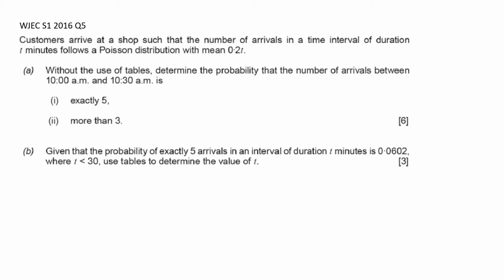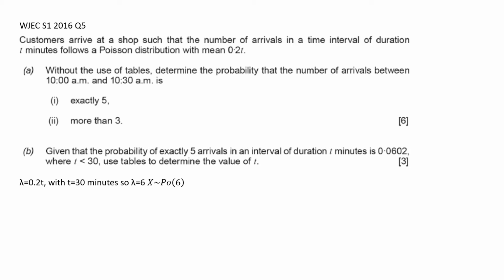So I'll address A1 first of all, the probability that x is exactly equal to 5, so probability x equals 5. So I would, in a question like this, always start with the fact that they give me a mean of 0.2t. So my lambda, and I'm using lambda, WJC tend to use m, but that's their choice.